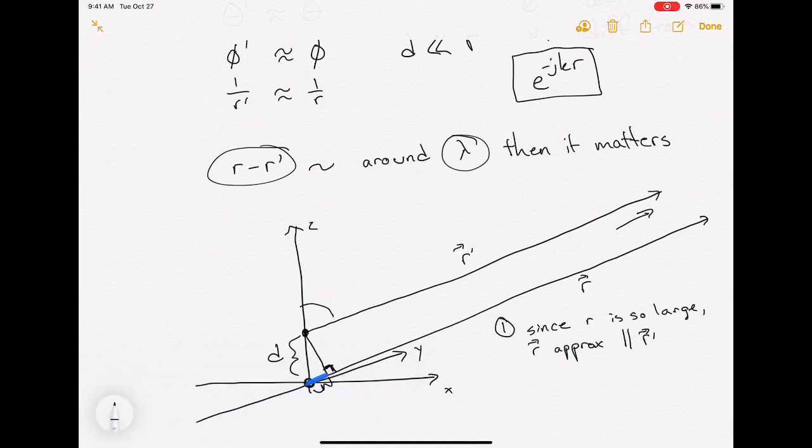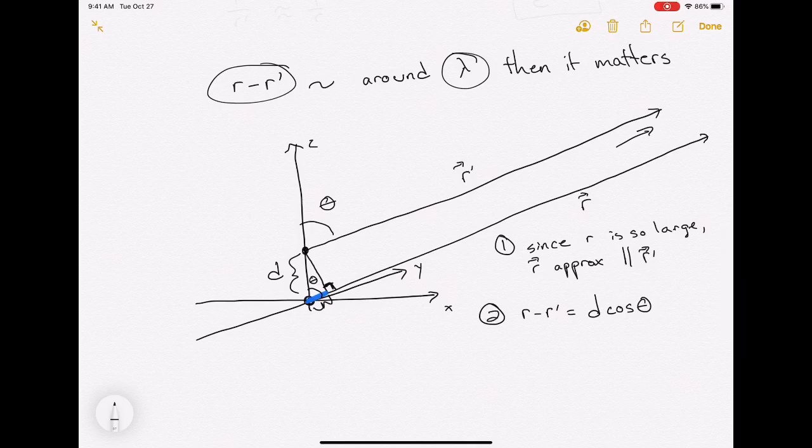Now this angle is theta, and since R and R prime are parallel, this angle is also theta. So the length of that little blue section, R minus R prime, is D times cosine theta.